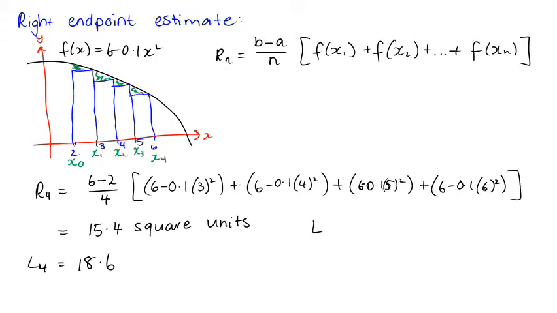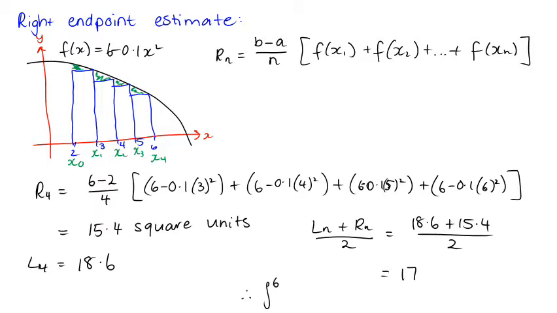So if we do Ln plus Rn over 2, we get 18.6 plus 15.4 over 2, which gives us 17. So we can say that the integral between 2 and 6 for the function 6 minus 0.1x squared is approximately 17 square units.